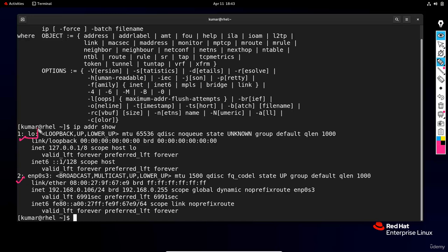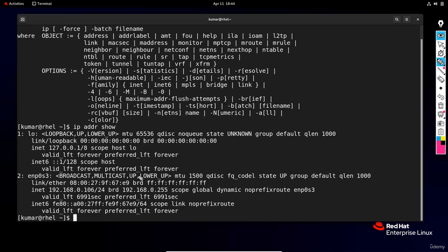One adapter name is lo, the loopback adapter, which exists by default on every system. The other is this one, whose name is enp0s3. If you want to change this name, you can, no issue. You need to change the connection name and that's enough.